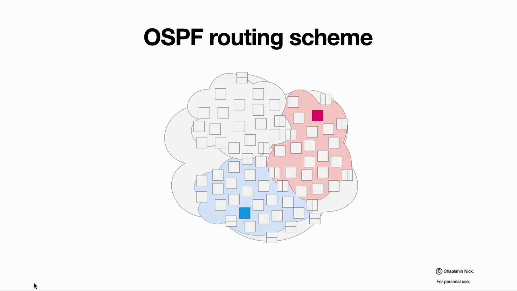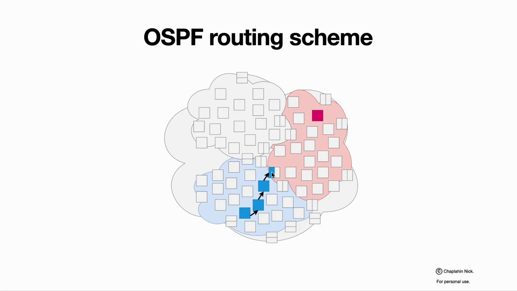So, how does the routing scheme work using OSPF areas? Let's check it on two examples. First example: we have two neighboring areas and we need to transmit traffic from a device of one area to another. The device sends traffic to the boundary router of this area.